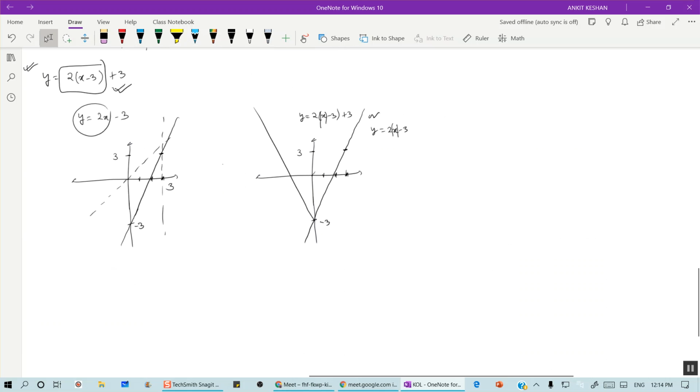Now, if we want to do this, just a minute. Y equal to 2 mod x plus 3. At first, this one is not wiped off. What we need to do, let me show you.